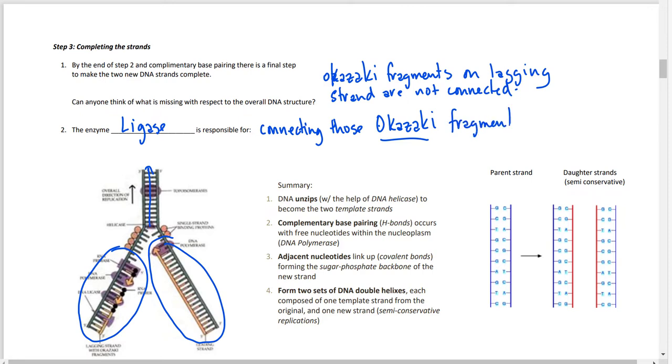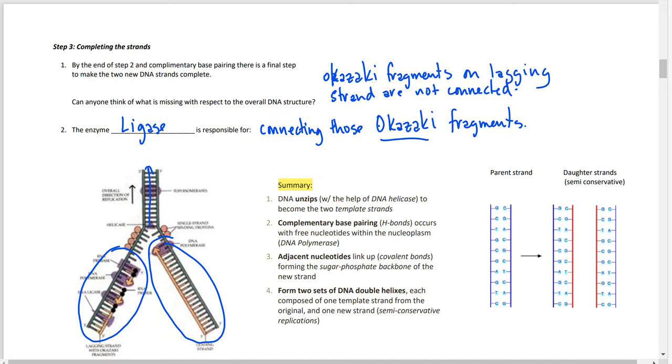So when we look at the big picture, the summary down here is meant to be brief, okay? But think back to the beginning of the video. We want to make sure that we understand the name of each step. So we've got unzip, complementary base pairing, complete the strands. Then we want to think of what's happening in each. So in step 1, DNA unzips. We want to make sure we know the enzyme responsible for that.